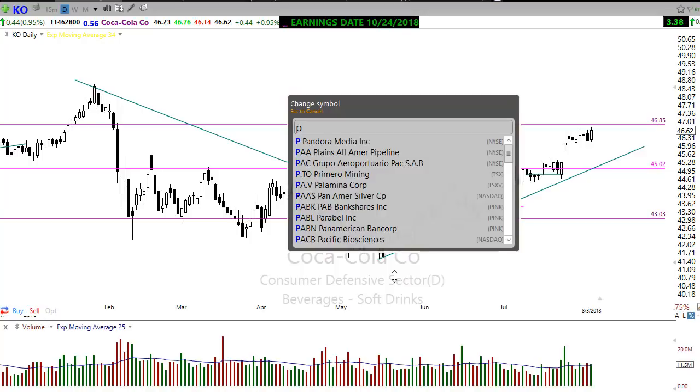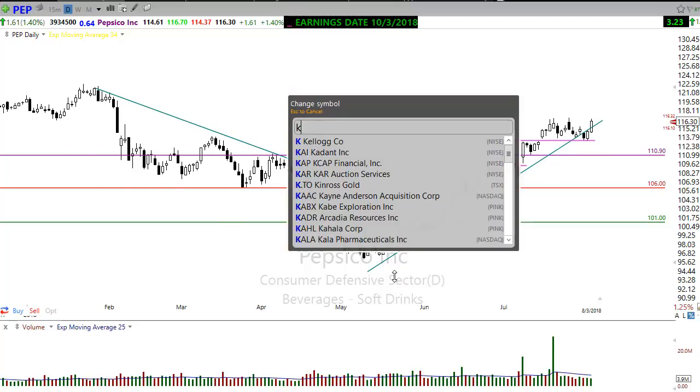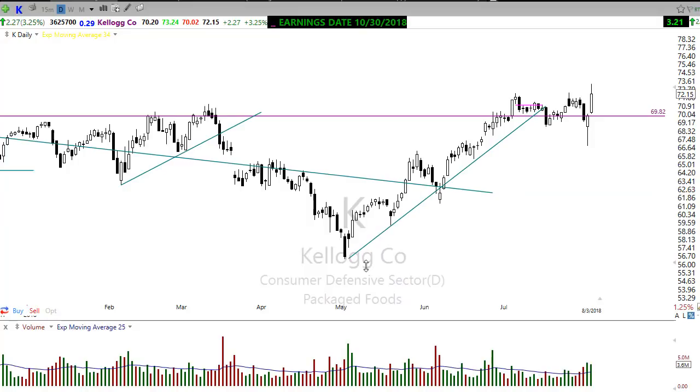Take a look at PepsiCo. We've made money in PepsiCo. A lot of these consumer defensives are showing strength. And even in stocks that you don't normally see things like this, like Kellogg's.